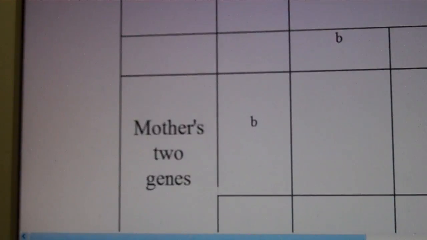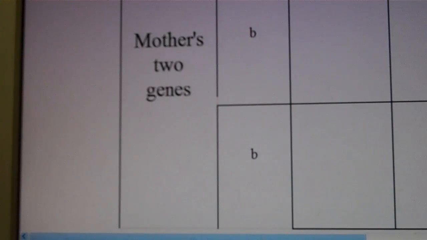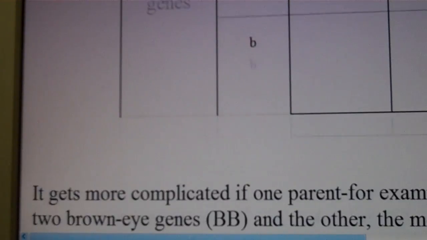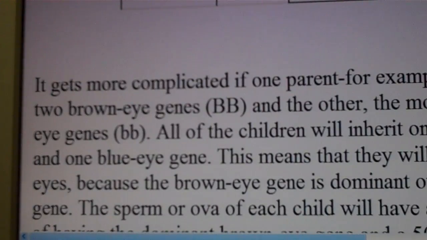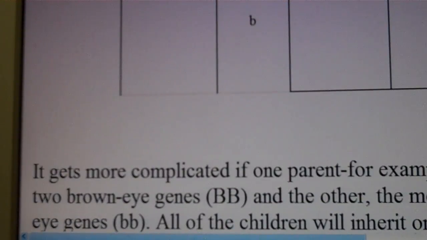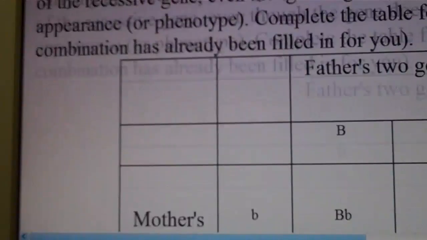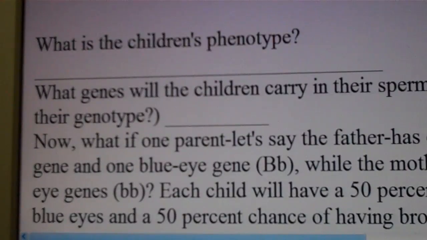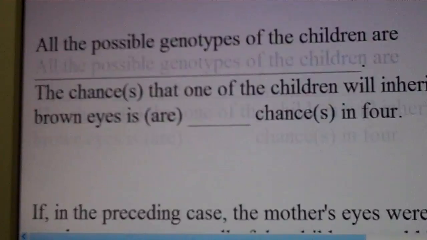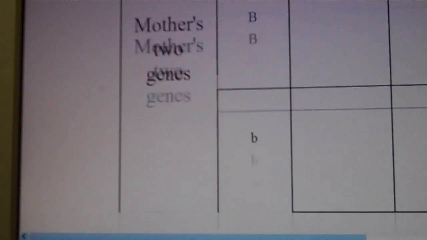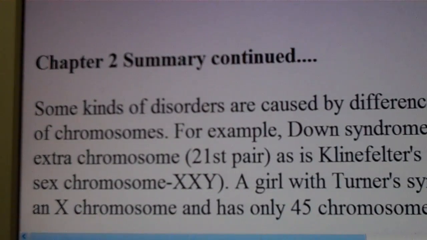So you want to start off by reading your chapter, looking at your video resources, and then you should be a little bit more ready to do this practice activity. Okay? And if you scroll down, there's a couple of ones you're going to practice, and then you'll see where the Chapter 2 summary continues.